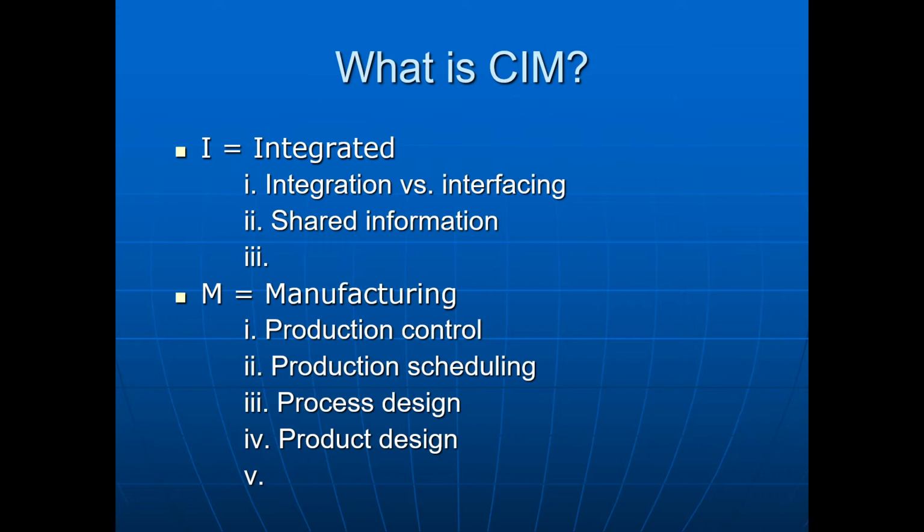The M is for manufacturing because it involves production control, production scheduling, production design, process design and product design. All of it relates to manufacturing, using this computer integrated system to produce in production. This all involves computer integrated manufacturing.